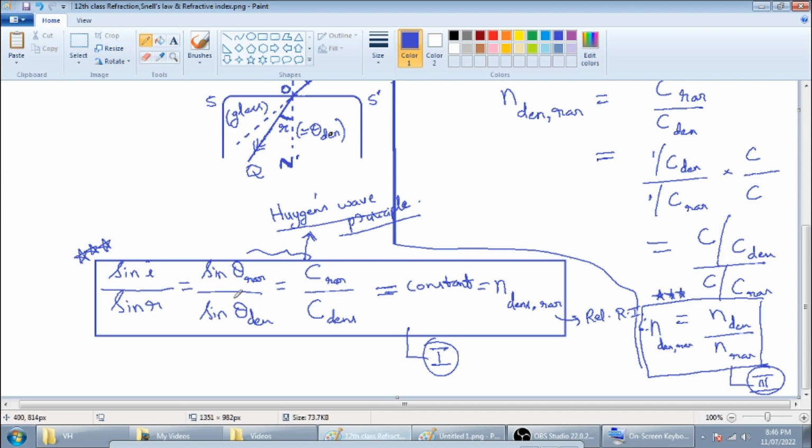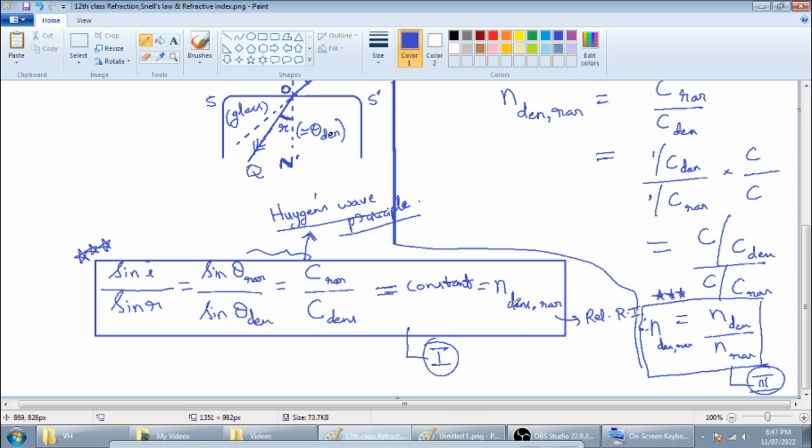The same way, once this ratio is constant, A by B is constant, which means B by A also must be a constant. So even if you consider the reverse ratio, that is the reciprocal or inversion of this, the sine of the angle in the denser divided by the sine of the angle in the rarer, that also will be a constant. Just as this is called the refractive index of denser with respect to rarer, this inversion, the reciprocal of this, is called the refractive index of rarer with respect to denser.